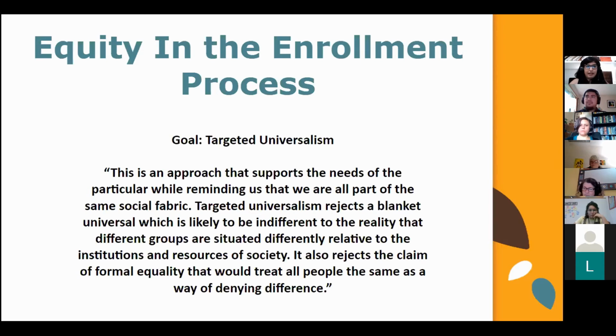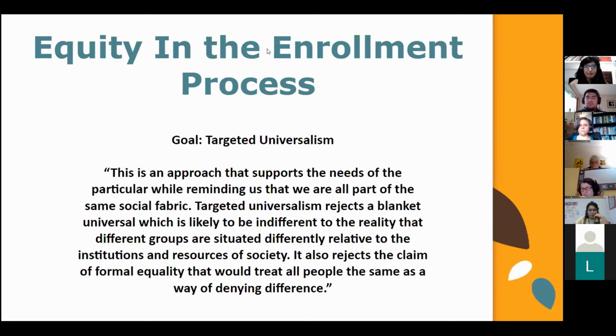And I'm starting this off with the definition of targeted universalism. Targeted universalism is basically an approach that contrasts with the equal approach where everybody gets the same thing.